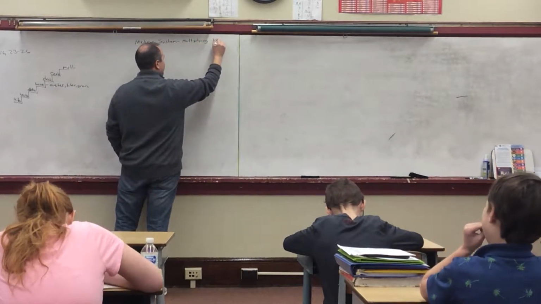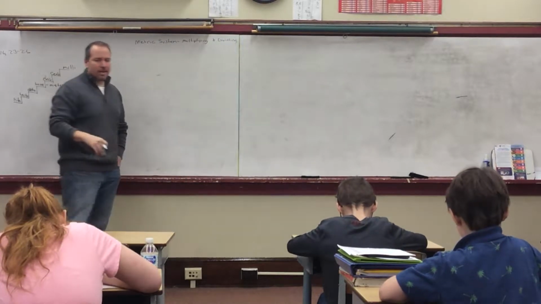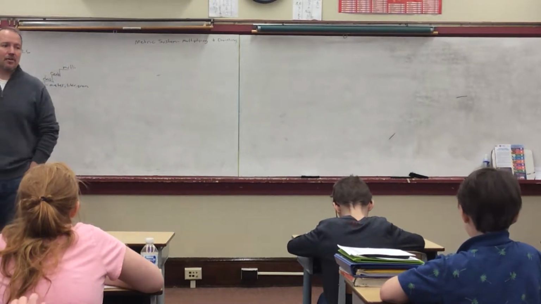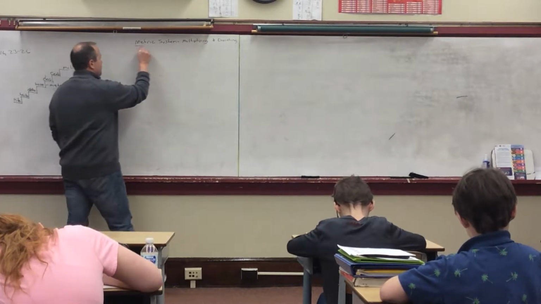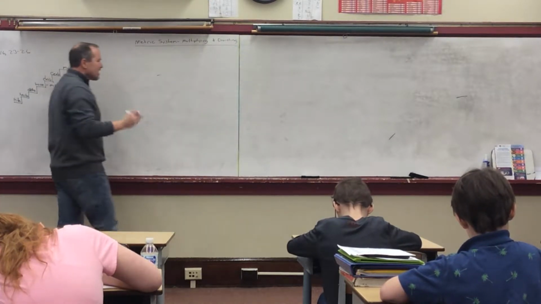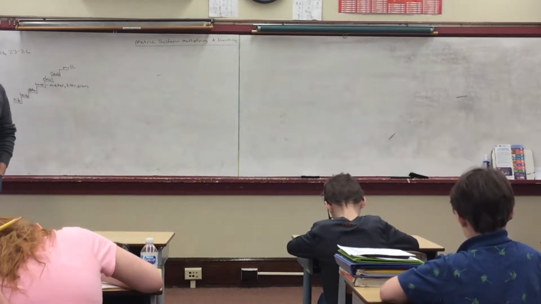Multiplying and dividing. Okay, great. Now, when we are using multiplying and dividing to convert in the metric system, let's just do an example, and as we do the example, we'll write down the steps.